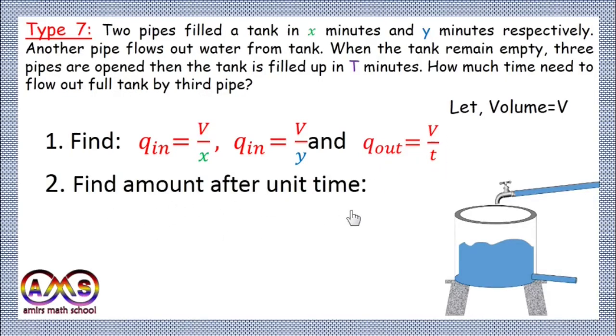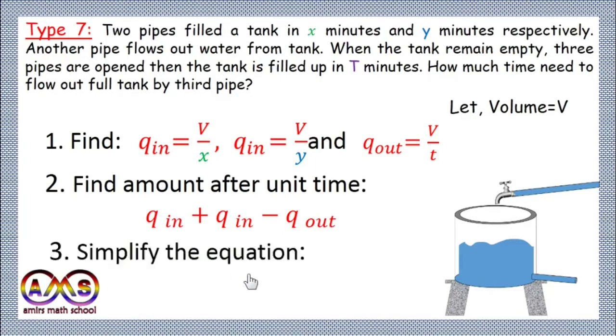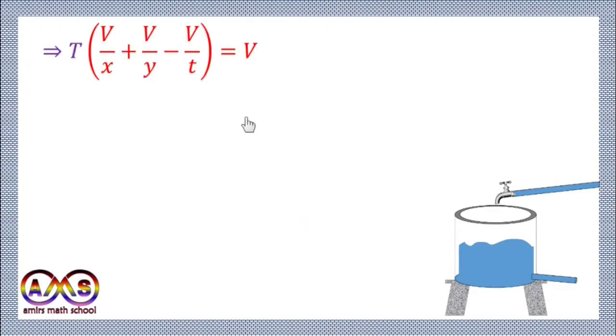So the amount after unit time is Q in plus Q in minus Q out. The final equation is the total time into Q in plus Q in minus Q out, which gives the total volume V. Substitute the value of Q in, that is V by X for the first pipe, V by Y for the second pipe, and V by T for the third pipe.